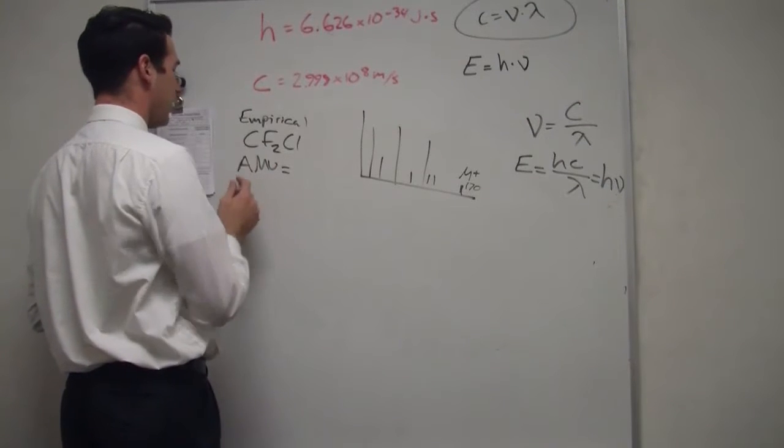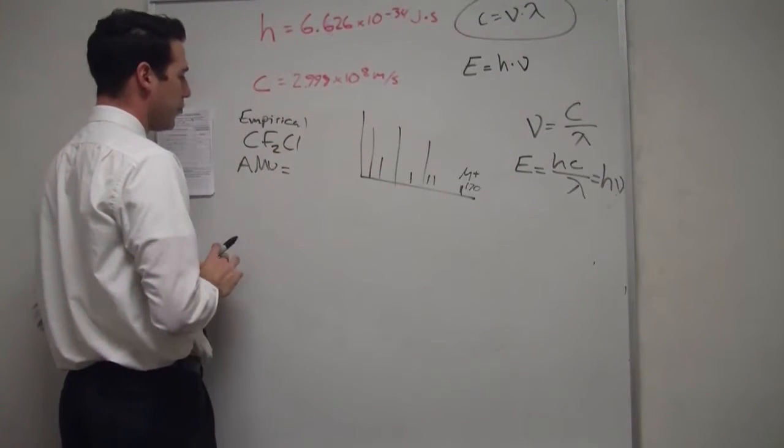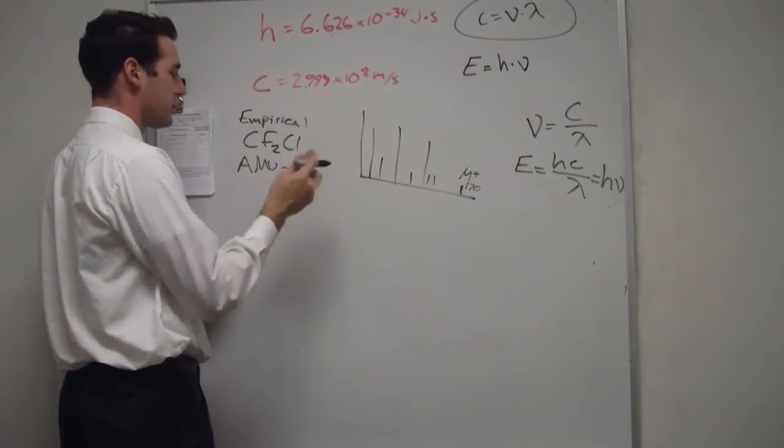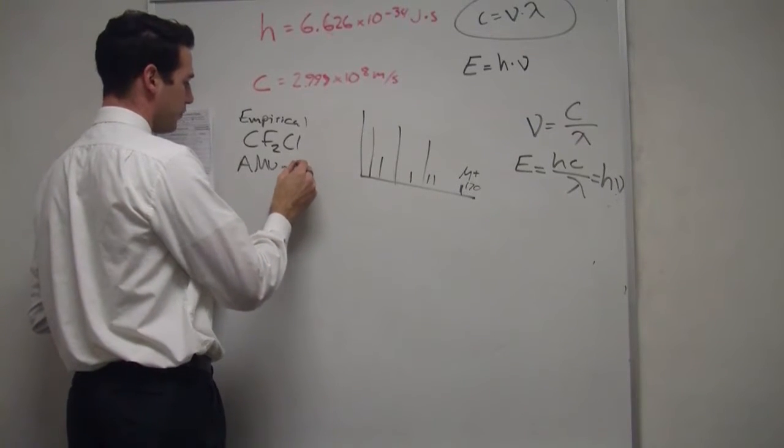So we go ahead and add it all up. We got 12, we got 38, so we got 50, 50 plus 35.45, so it's going to be about 85.46.